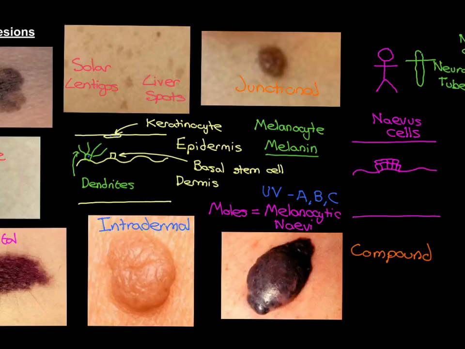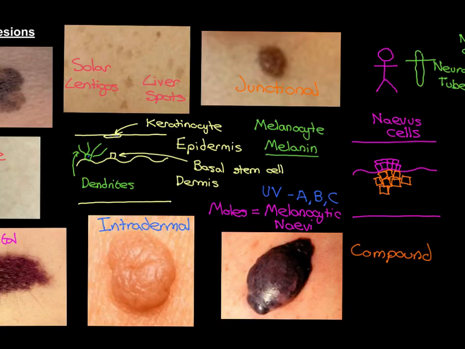In a compound melanocytic nevus, what has happened is the melanocytes of the melanocytic nevus have spread into the dermis. So let me draw this here. It's not just confined to the epidermis anymore, it's gone into the dermis. Remember, these are still benign tumours, they are not cancerous.